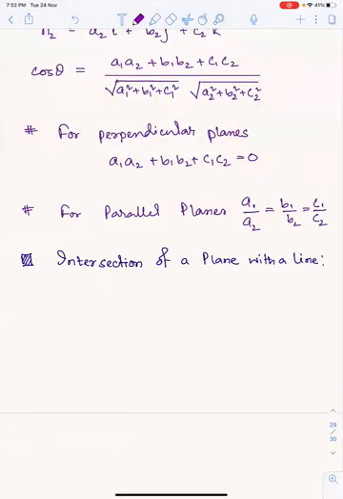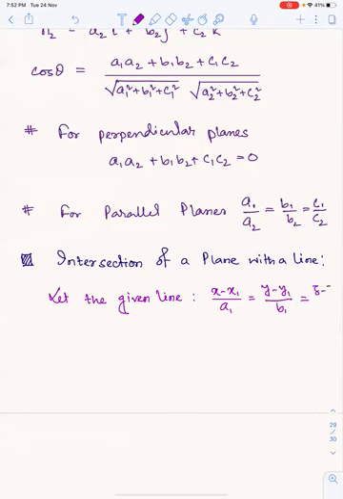So let us consider, let the given line be x minus x1 by a1 is equal to y minus y1 by b1 is equal to z minus z1 by c1.